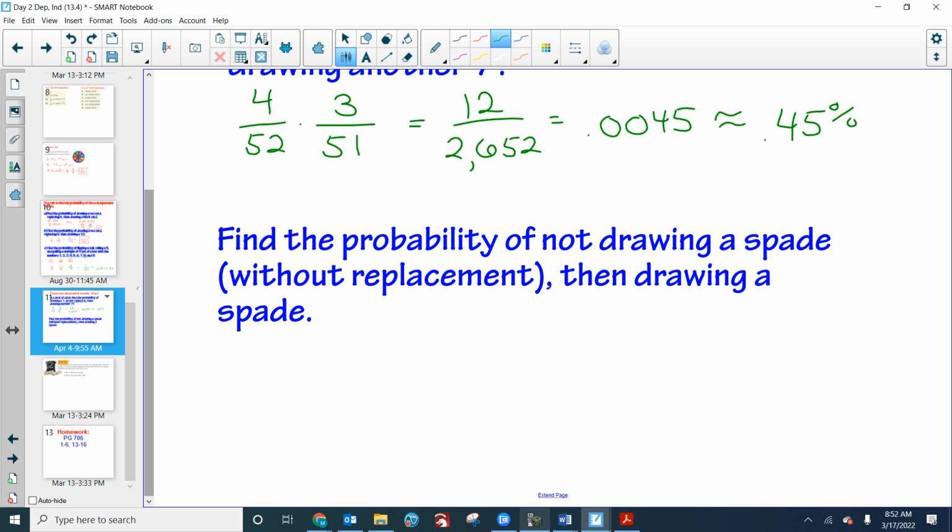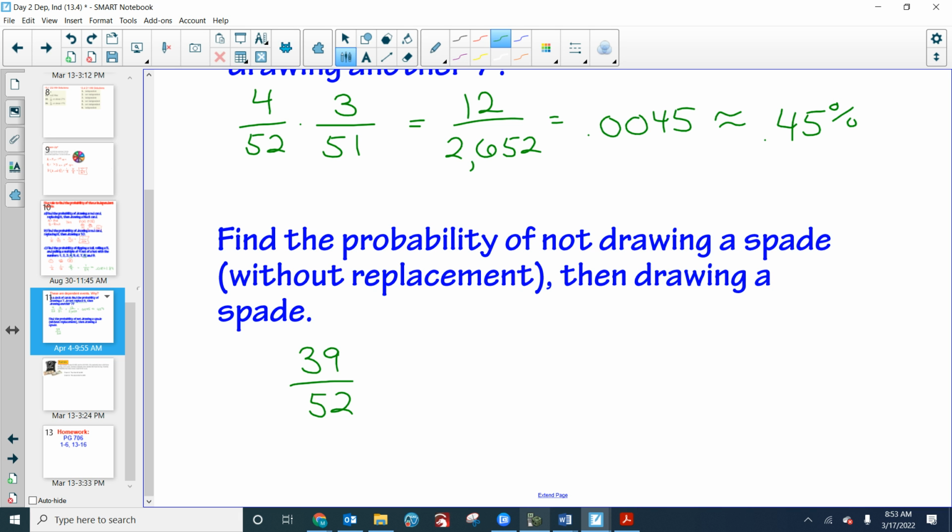All right, first drawing of a card. How many not spades are there? 39 out of 52, correct? And again, there's different versions of these fractions. I'm just doing the raw numbers, so you're like, oh yeah, there's 52 cards and there were 13 spades. Then there's 39 non-spades, right?